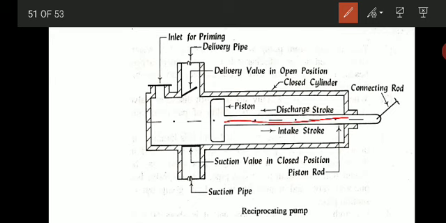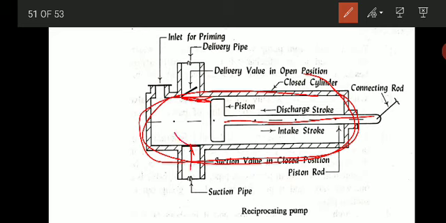On the intake stroke, the suction valve remains open and it allows the water to come into this cylinder, and the delivery valve remains closed. So this delivery valve remains closed during the intake stroke.